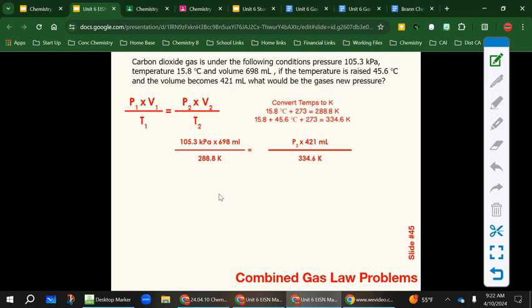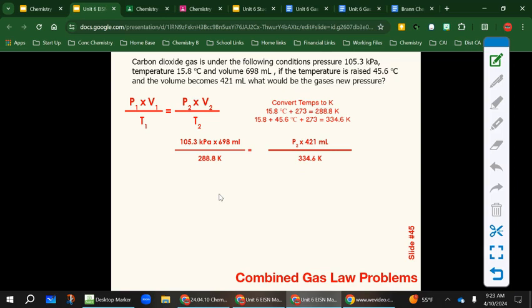The pressure times the volume over the temperature is equal to the pressure times the volume over the temperature. Now, because you have something on the top and the bottom here, my suggestion to you is to put this all into one line using cross products are equal. But again, you don't have to as long as you do the correct math. Ultimately, I want to get P2 alone.